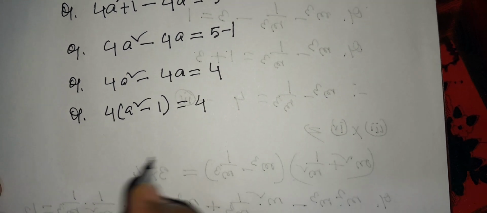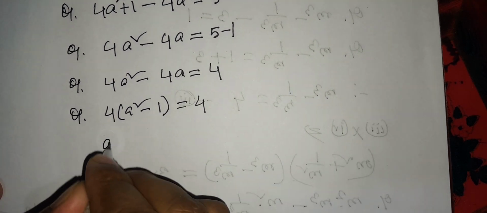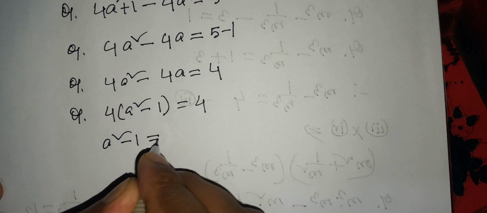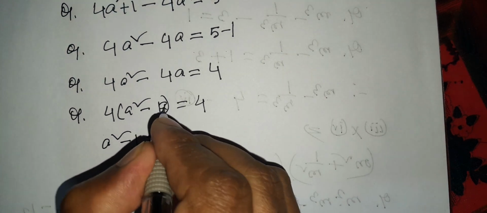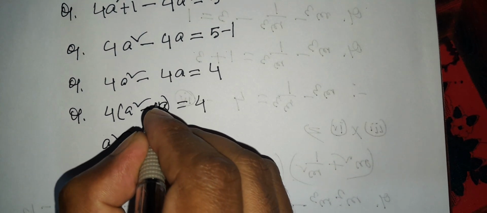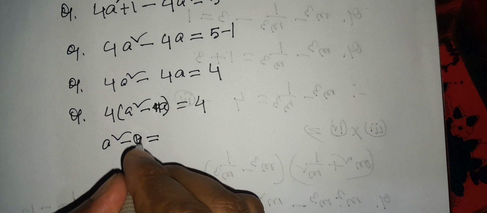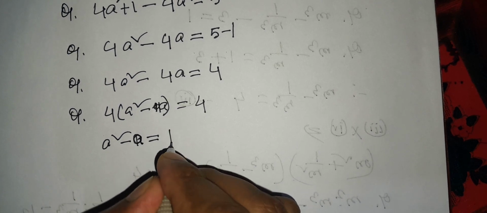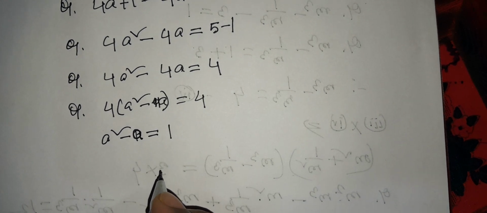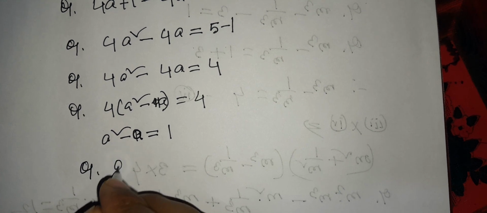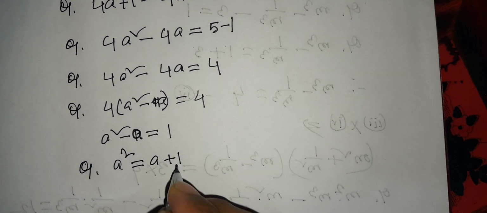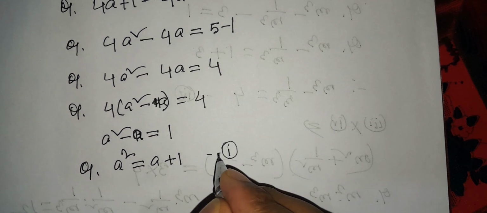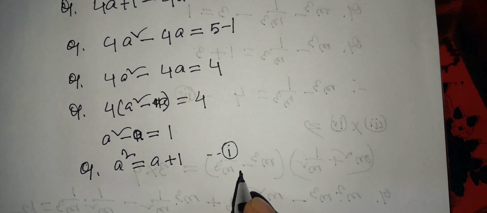Cancelling the 4 from both sides, we can write a square minus a is equal to 1, and so a square is equal to a plus 1. It is equation number 1.